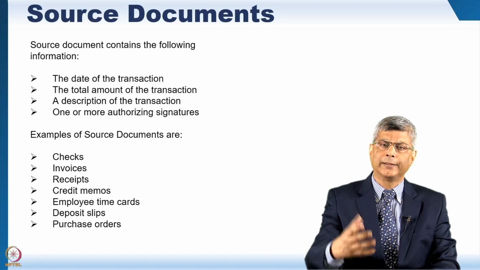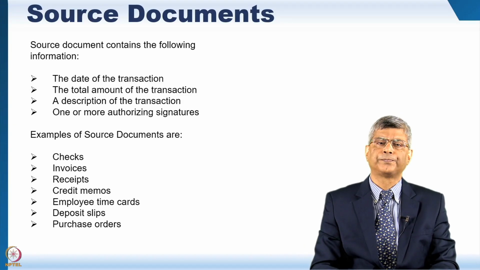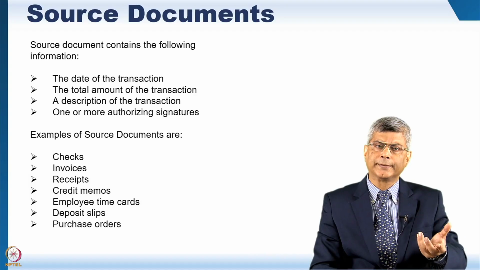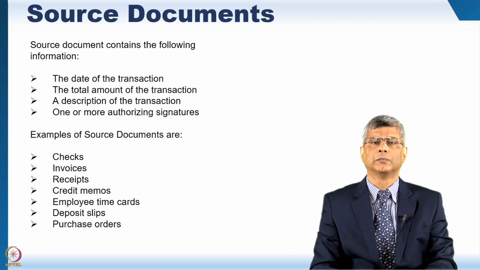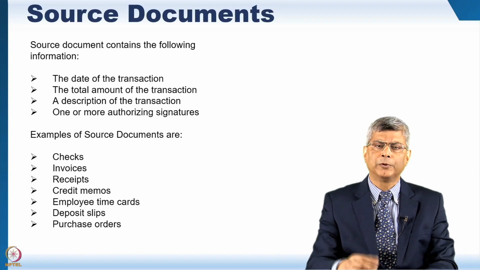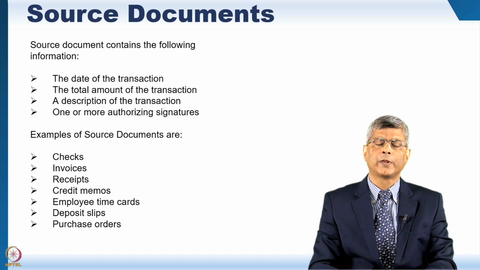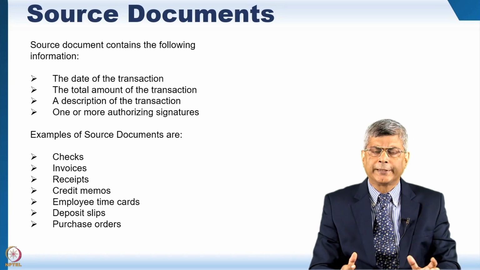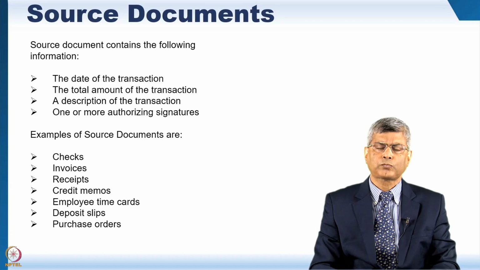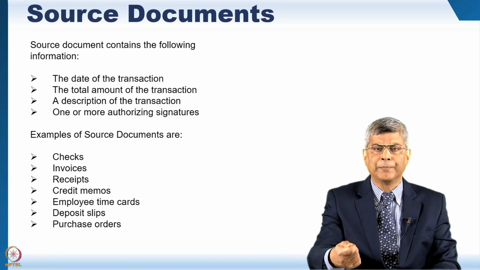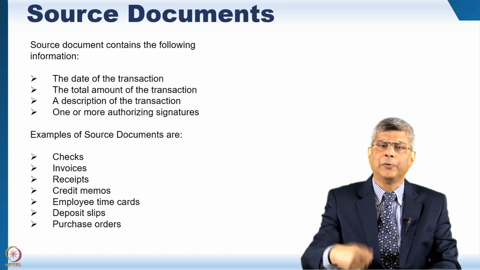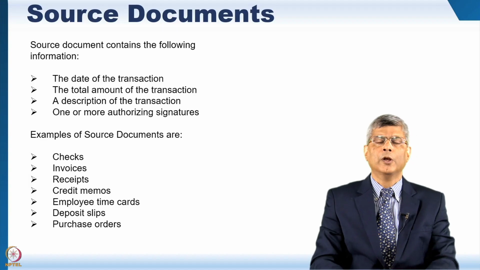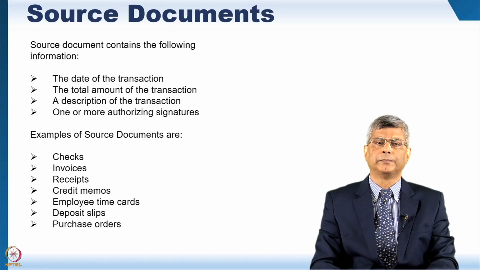It could be a check which I've issued. It could be an invoice. It could be a receipt. It could be a credit memo. It could be a deposit slip in a bank, a purchase order for something, an employee time card because you have to pay hourly wages maybe. So these are all source documents.